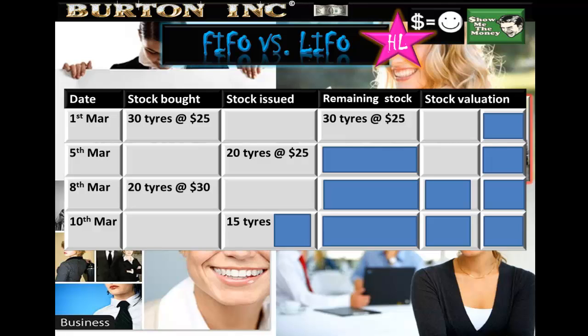Date, stock bought, stock issued, remaining stock, stock valuation. It's the stock valuation column that's key, and to be able to correctly calculate this, we need to have our other columns set up appropriately. So 30 tyres at $25 each will leave us with our stock in store valued at $750.